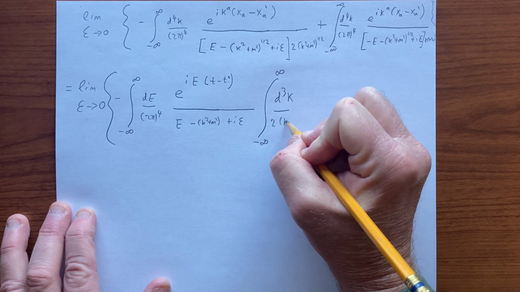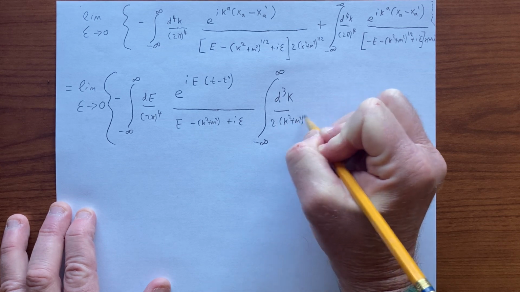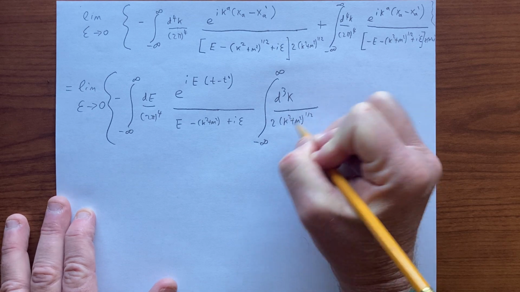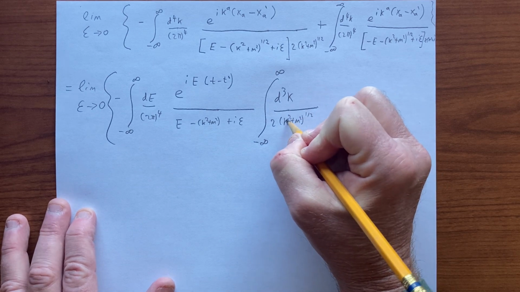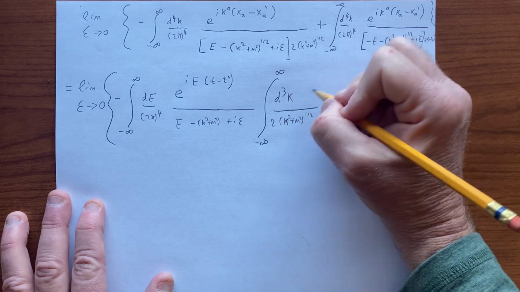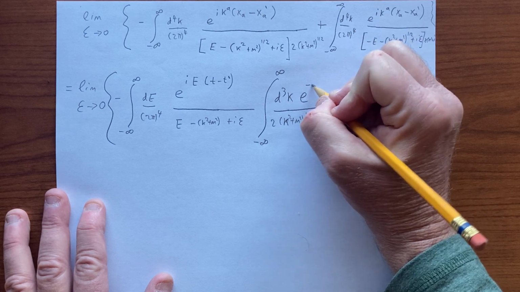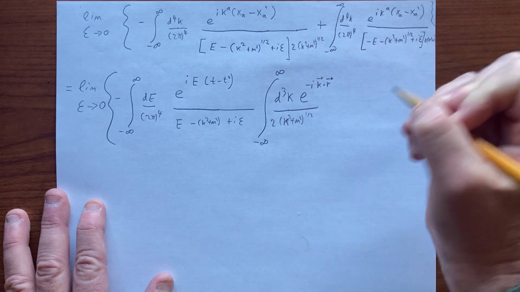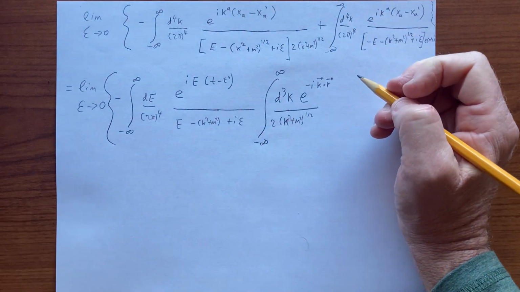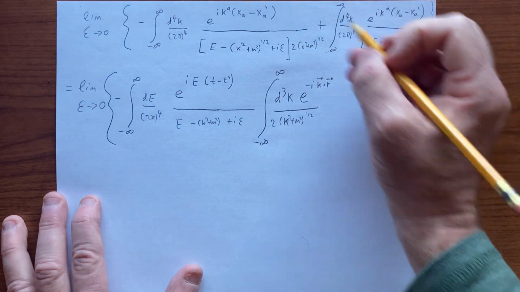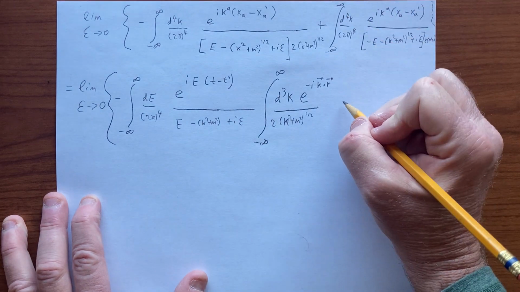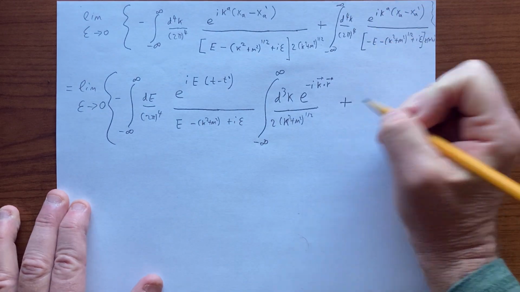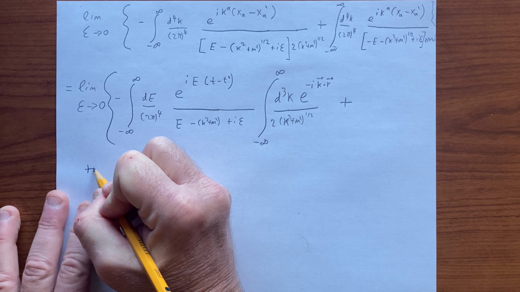Let's put the k squared plus m squared to the 1/2 here, because we're integrating over these values. What's left here is e to the minus I k vector dot r vector, the spatial part. So we're done with this. Now we have this plus, let's write that term here.